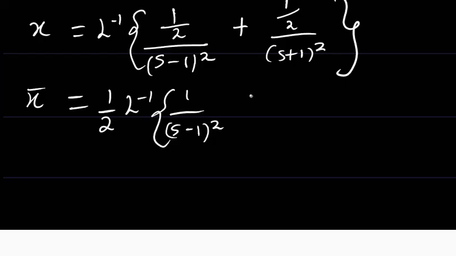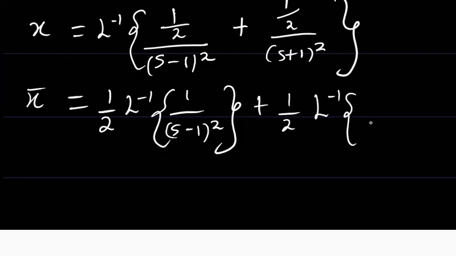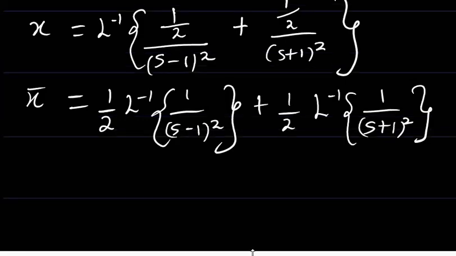The same thing happens here, so plus, taking 1 all over 2 as a coefficient, 1 all over 2 multiplied by the inverse Laplace transform of 1 all over (s plus 1) square. So let's now do justice to this.